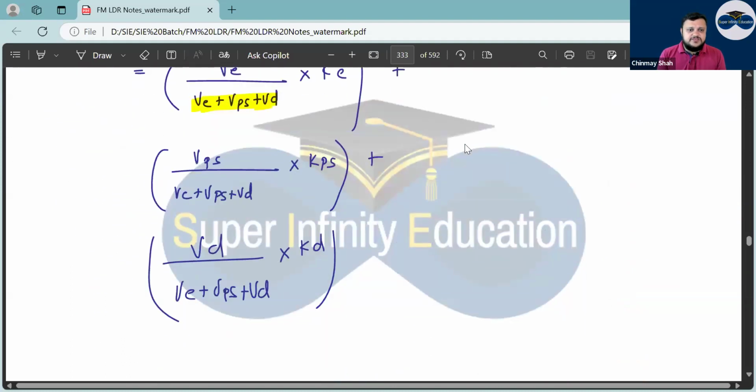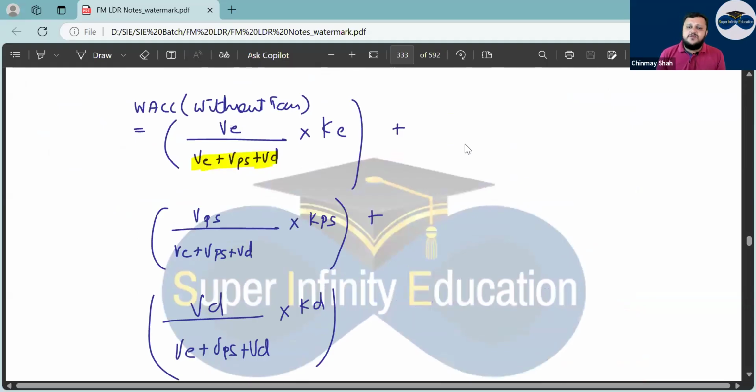So first, WACC formula. What is the WACC formula? Logically, it is V divided by V plus VPS. V is nothing but value of equity. Generally, market value is preferred over book value. V divided by total capital into KE plus VPS divided by total capital into KPS plus VD divided by total capital into KD.